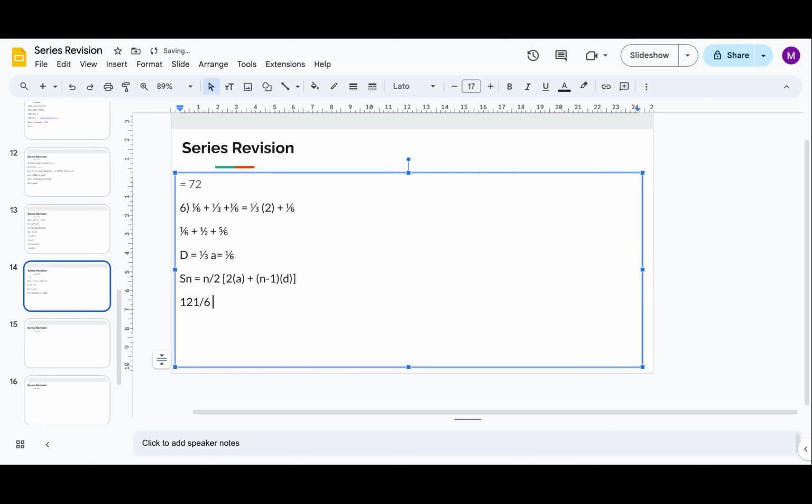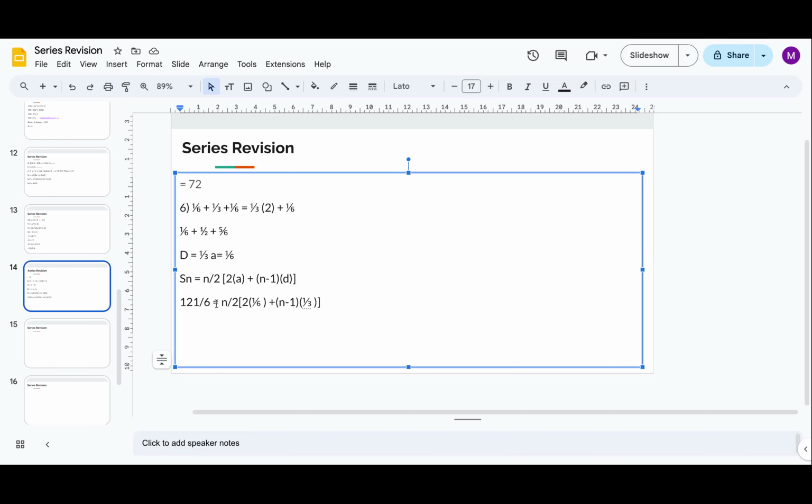121 over 6 is now equal to n over 2, open bracket, 2 times my a value of 1 over 6, as I've said, plus n minus 1 times my constant difference of 1 over 3. Okay. Now it's simply a matter of working out what my n value is.